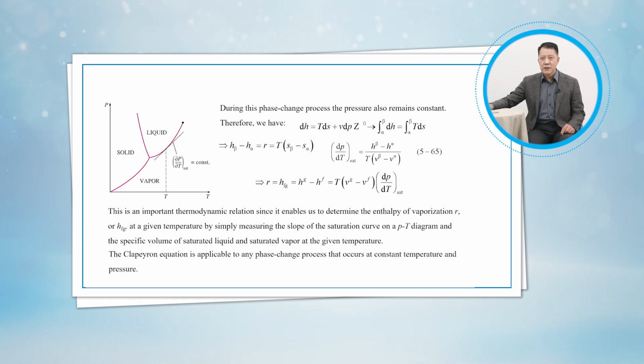The Clapeyron equation is applicable to any phase change process that occurs at constant temperature and pressure.